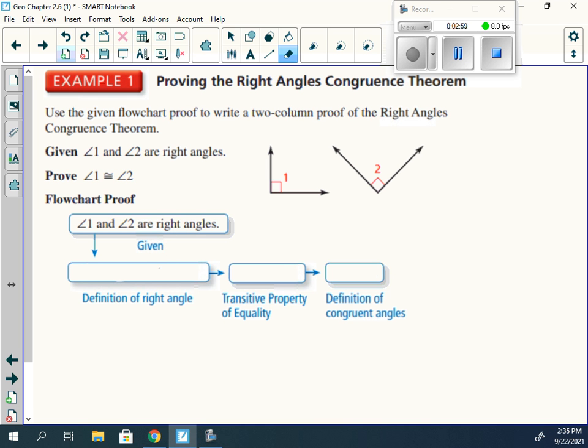Because the given information is that angle 1 and angle 2 are right angles. So that's what we'll start with, that angle 1 and angle 2 are right angles. So what does it mean if angle 1 and angle 2 are right angles?